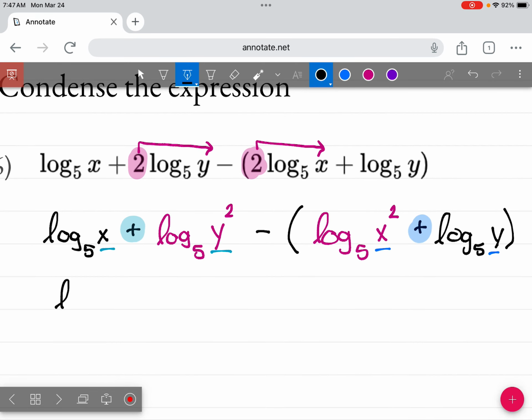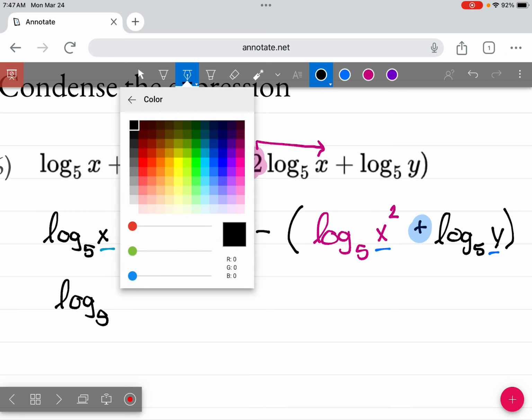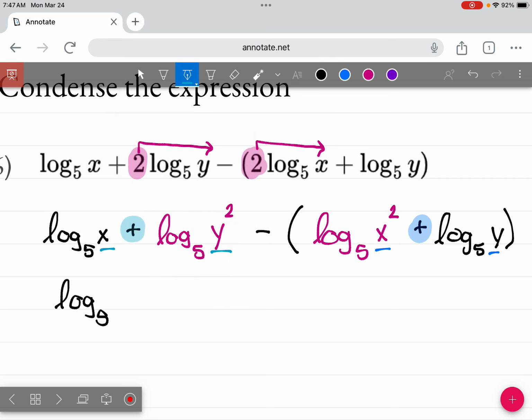So we're going to have our log base 5 of x times y squared. That's our first piece. And then we're subtracting the combined together log base 5 of x squared y. Since we combined it together, it makes it just one piece, and I don't need to have those parentheses anymore.